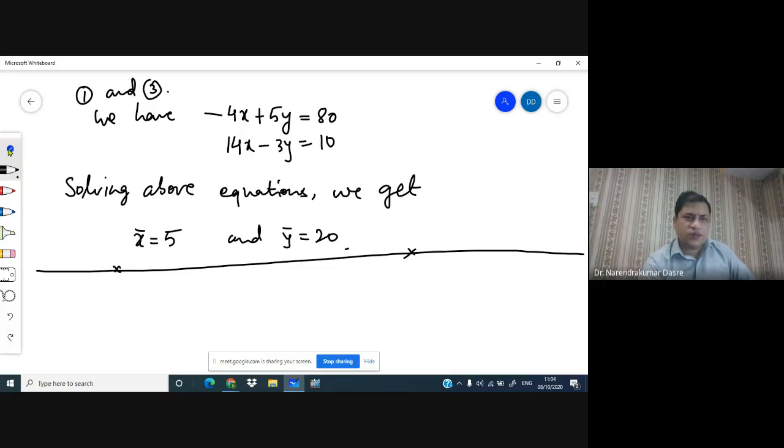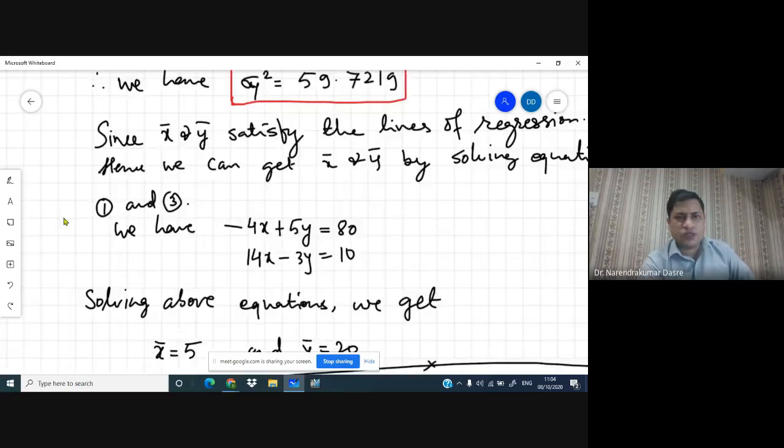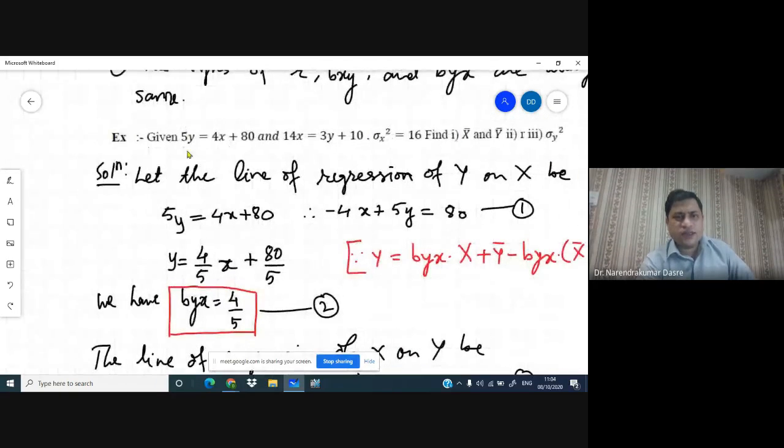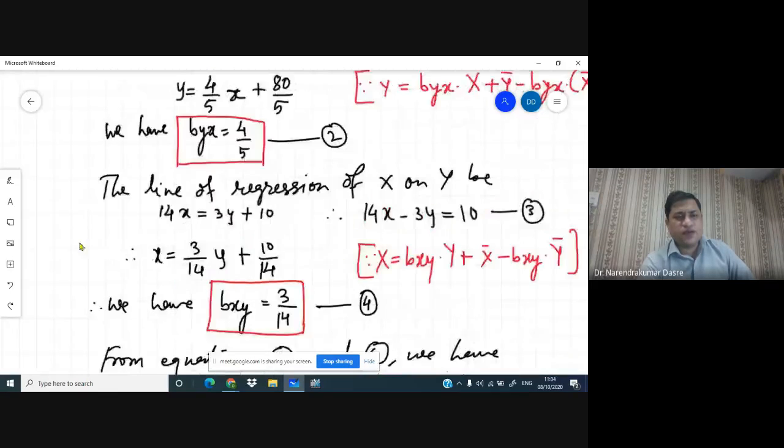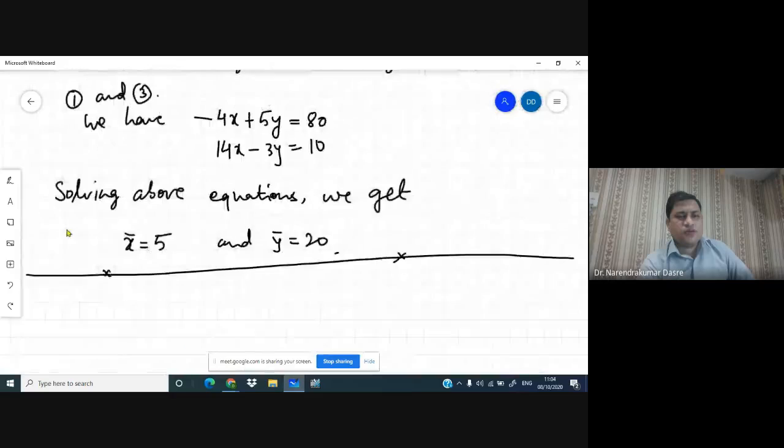So this way we are able to get the solution of this example using these remarks. Do you have any doubt in these examples? Okay. So that's great. Let's have another example then.